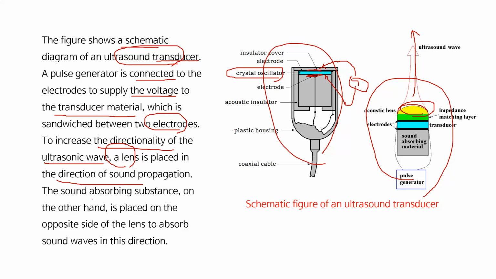The sound observing substance, on the other hand, is placed on the opposite side of the lens to observe sound waves in this direction. So the sound wave is propagating in this direction, and in the opposite direction we have to observe the sound wave by some sound observing material.